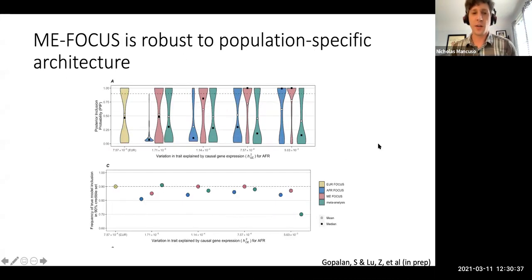So again, if we simulate under something very close to our model, our approach beats the other approaches, which is great, but it's also robust to population-specific architectures. Here, if we keep the effect size of gene expression on disease risk or quantitative trait fixed in one population but change it in the other, our approach can account for that directly. What we're showing in yellow is the single-population results in a European ancestry group, in blue the African ancestry group, and again red and green are multi-ethnic focus and meta-analysis approaches.